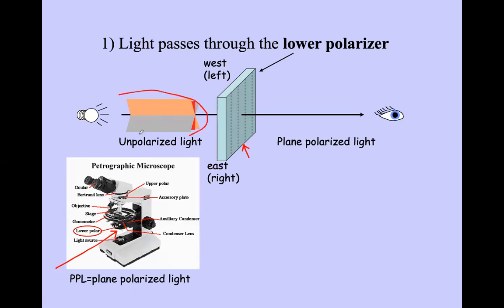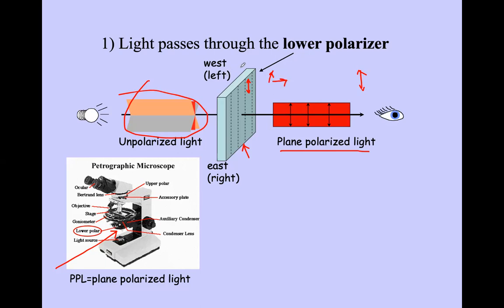Once this polarizer is inserted, light vibrating in all directions will be converted into a single directional vibration, that means a beam we call plane polarized light. This polarizer, for example, allows vibration along this direction only, because that is a manufacturing feature. All the other directions will be cut down.